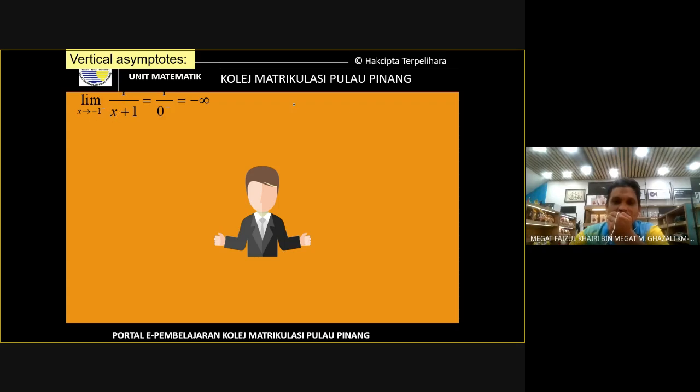Because as we know, y equals x minus 1 divided by x squared minus 1, we have simplified just now: x minus 1, x minus 1, and x plus 1. So then cleared, it is 1 over x plus 1.